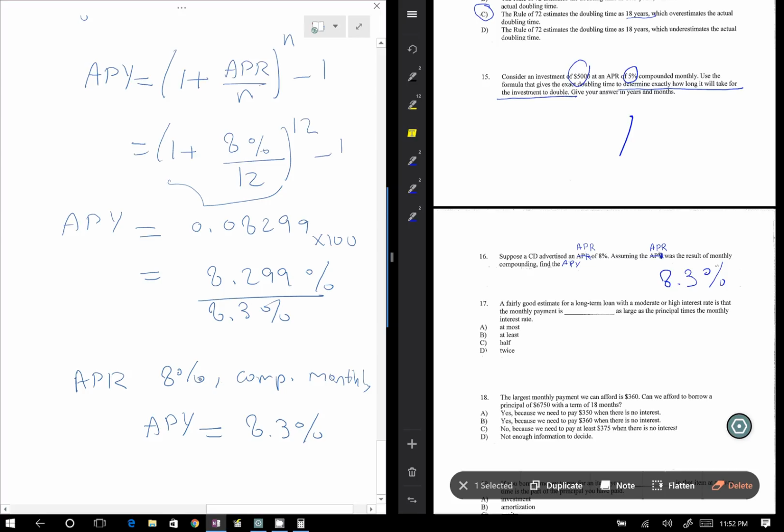A fairly good estimate for a long-term loan with a moderate or high interest rate is that a monthly payment is blank as large as the principal times the monthly interest rate. So this is telling me it's at least as large as the principal times the monthly interest rate.